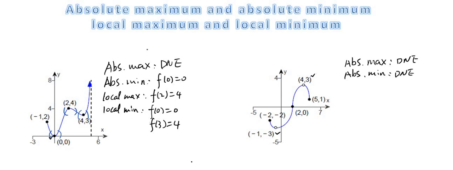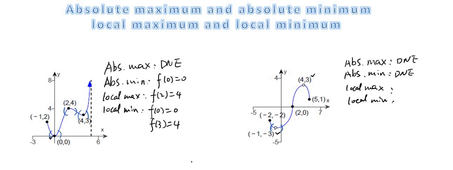Now we try to find the local maximum, local minimum. Okay, let's take a look. So we try to truncate a small portion of the curve. For example, I truncate it here, or truncate it here.